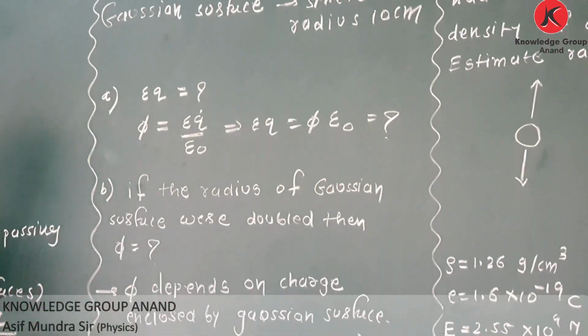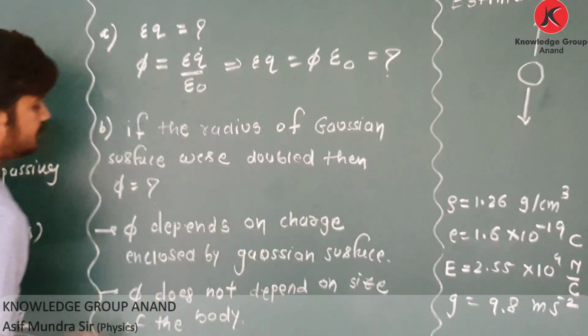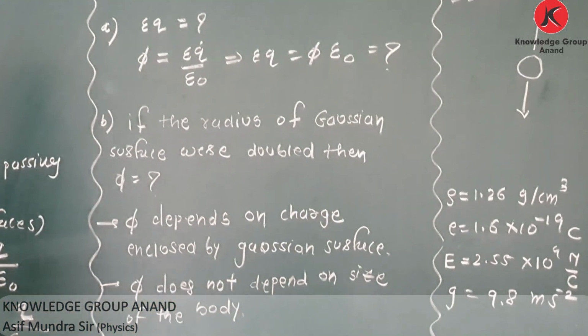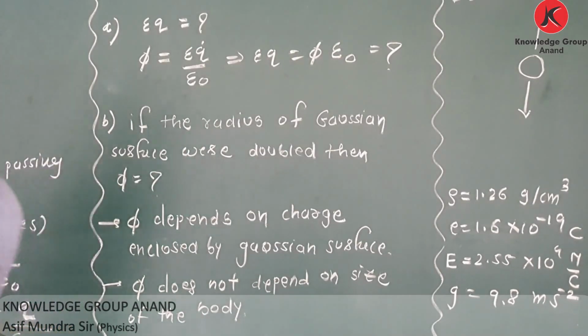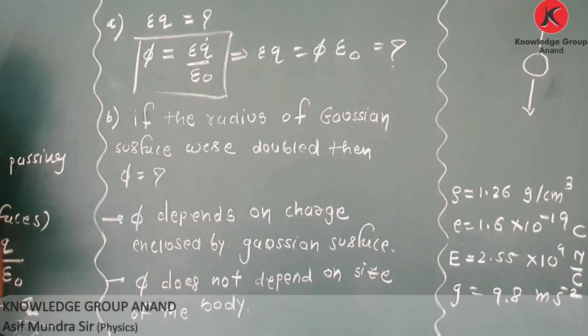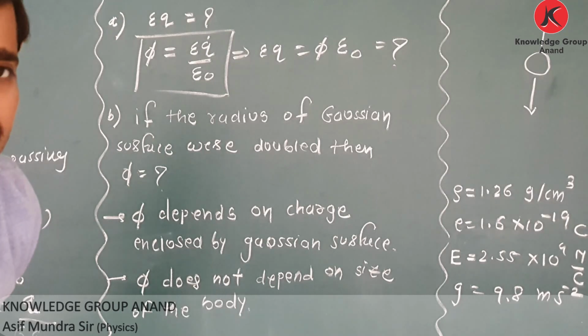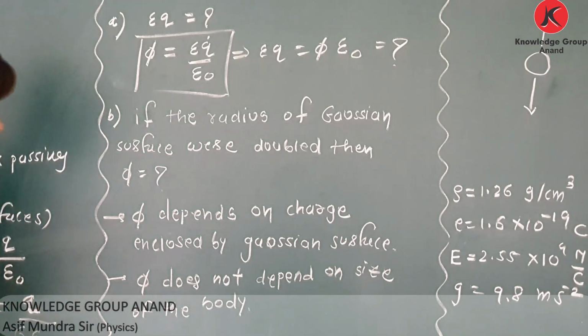What is question B? If the radius of the Gaussian surface were doubled, then what is the flux passing from this Gaussian surface? See, what is the equation of flux? Flux phi is equal to sigma q upon epsilon 0. This flux depends on the charge enclosed by the Gaussian surface. It does not depend on its size.